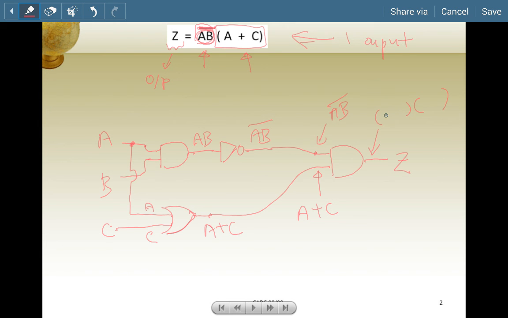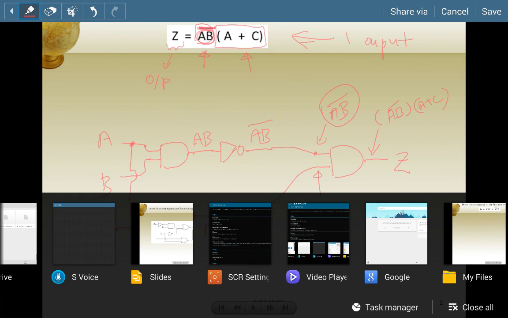The first part is A B bar, and you AND it with the next set of inputs, which is A plus C. With that, that is the diagram that you should draw to solve this problem. Thank you, I hope you learned something from this.